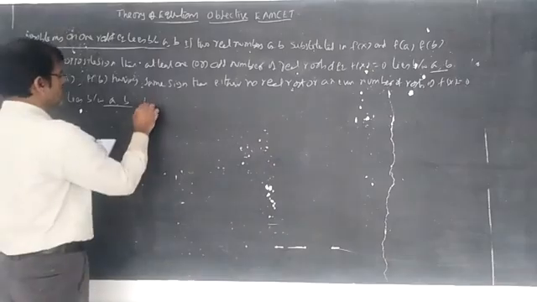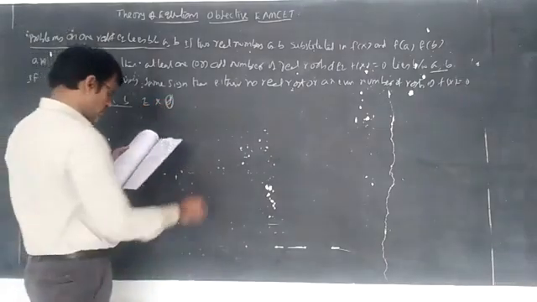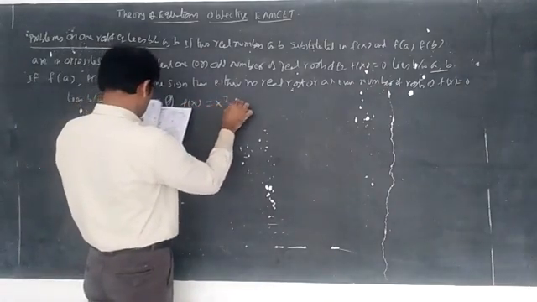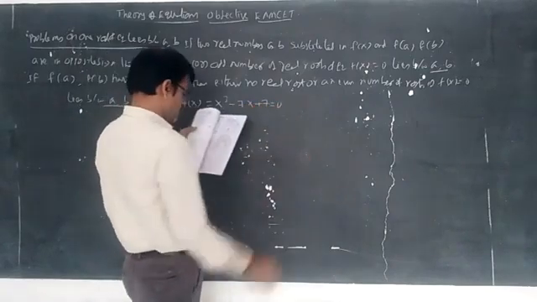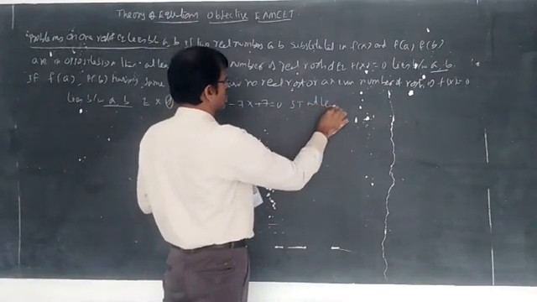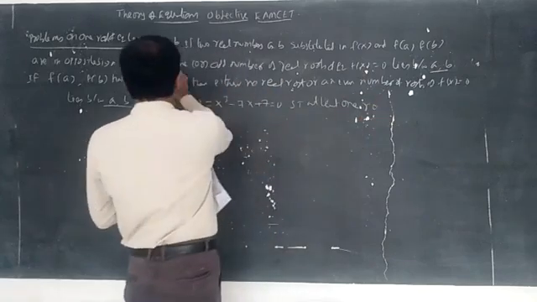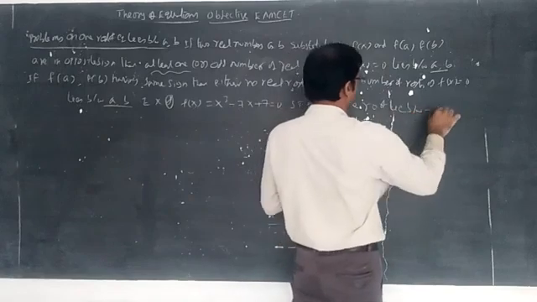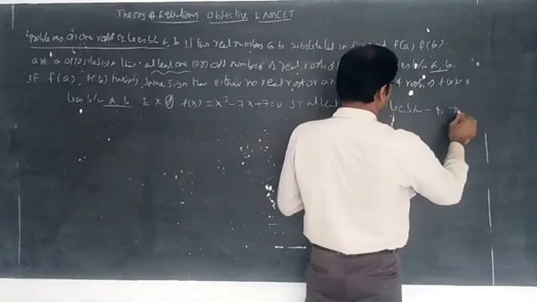Now, worked example 8. Take f of x as x cube minus 7x plus 7 equal to 0, so that at least one root lies between minus 4 comma minus 3.